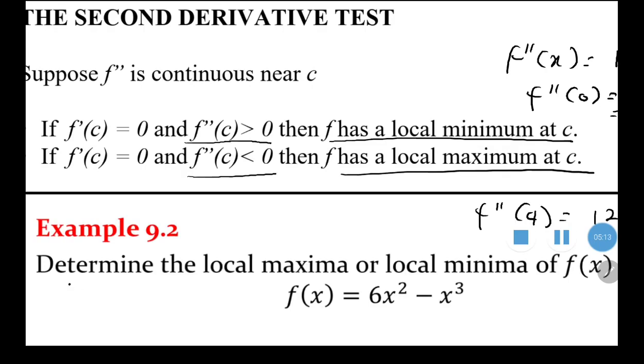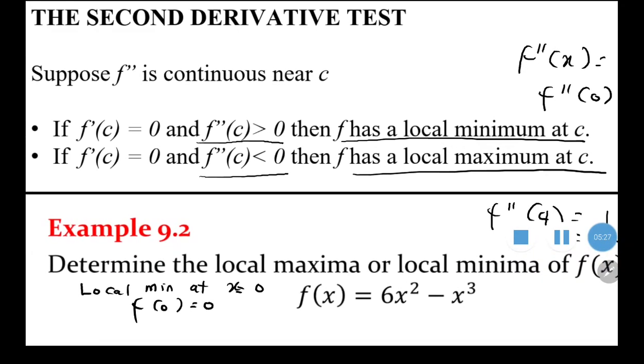Now we want to find the value. Okay, I'm going to write this down. Local minimum at x equal to 0. Okay, in the original equation, put in the value 0. You will get 0. Okay. And then we want to find the value when local maximum at x equal to 4.